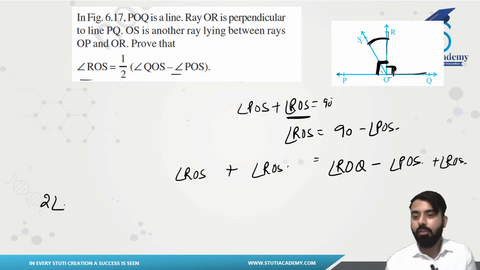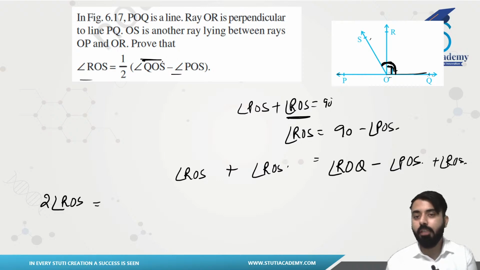I get 2 angle ROS, which is the same as angle ROQ plus angle ROS. This angle plus this angle will be this whole angle, right? So if I erase this portion from the figure, you see angle ROQ, which is this 90, adding angle ROS, which is this one, I will be getting this whole angle, which is O.